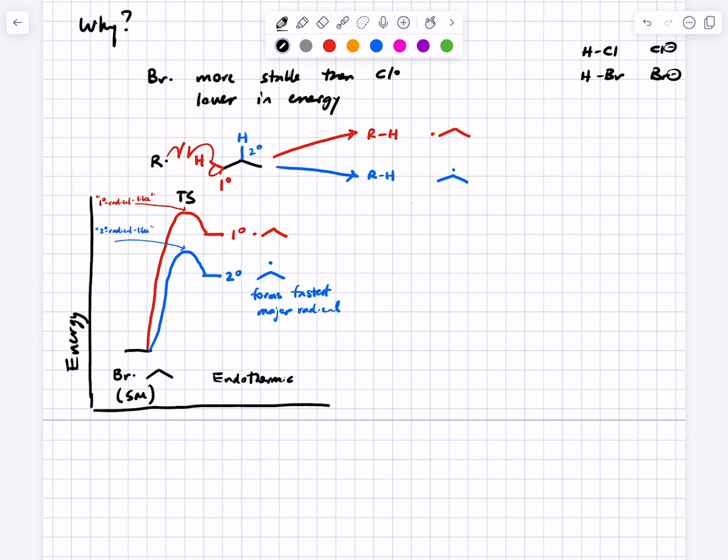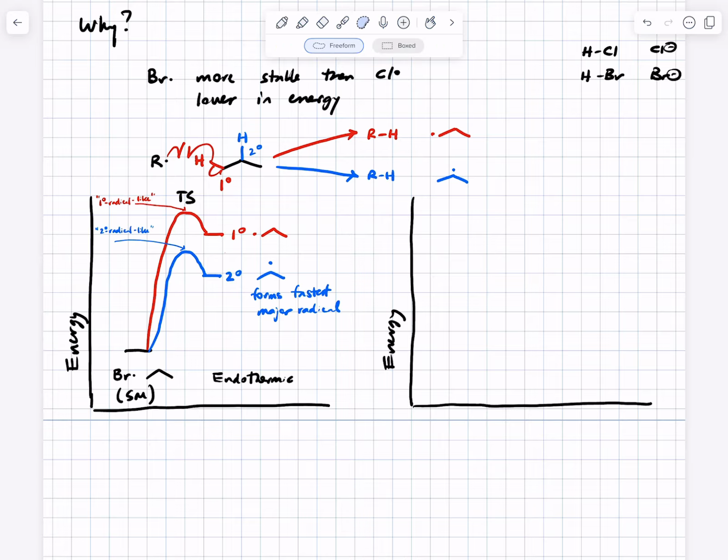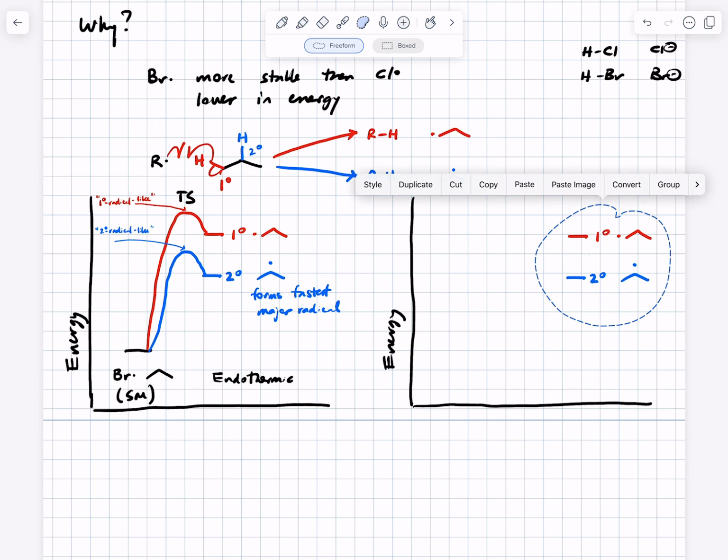Okay. Let's draw this for chlorine. Radical chlorination. The big difference between radical bromination and radical chlorination is that the chlorine starts out much higher in energy.